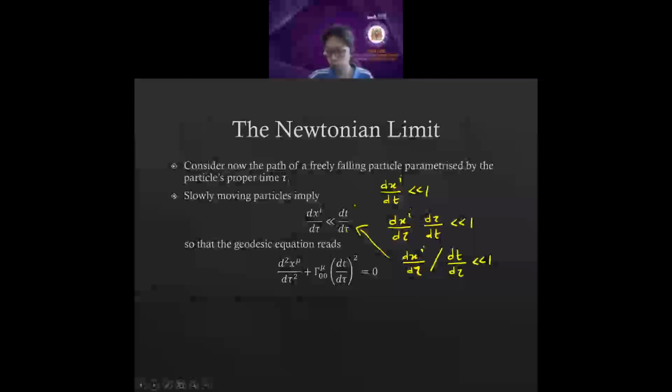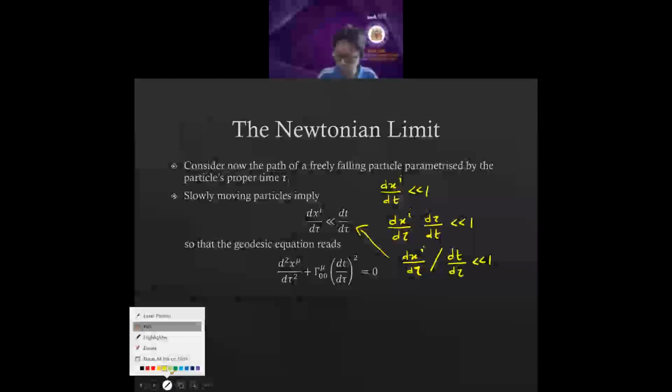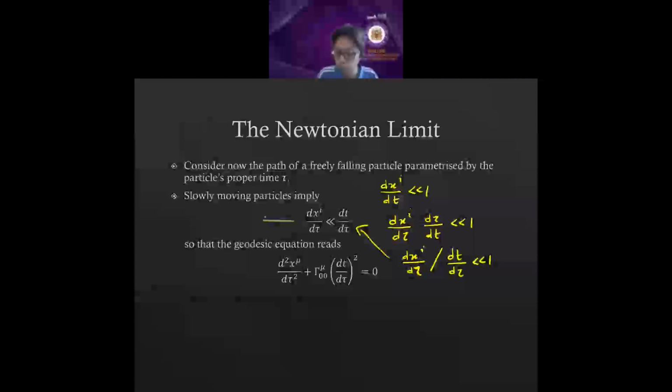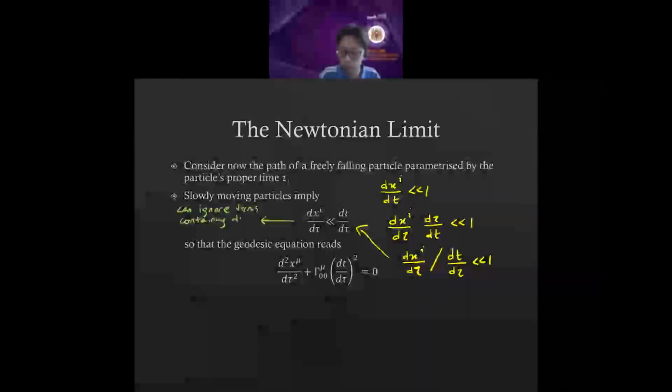So what this means is that when we consider the geodesic equation, this implies that we can ignore terms containing dx^i by d tau in the geodesic equation. This is what this condition implies.